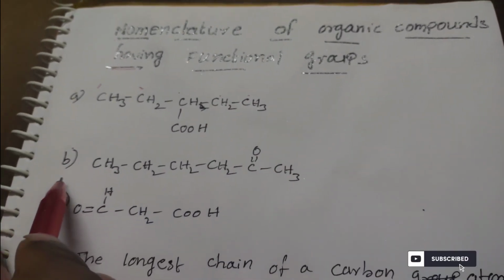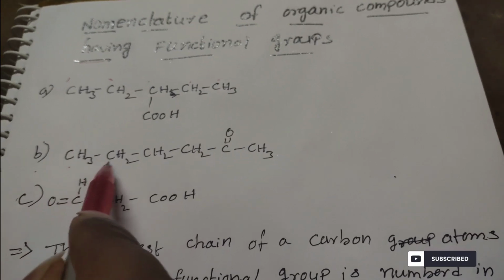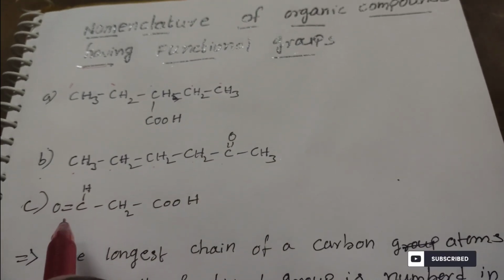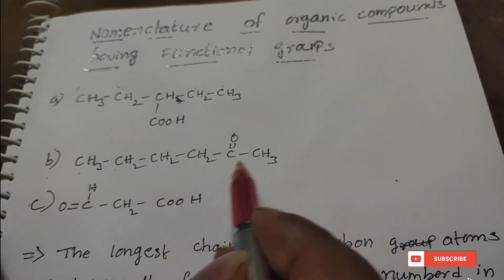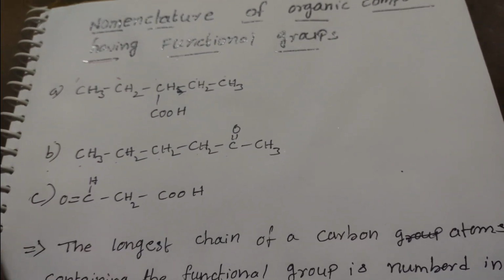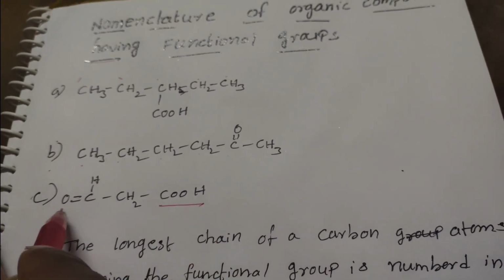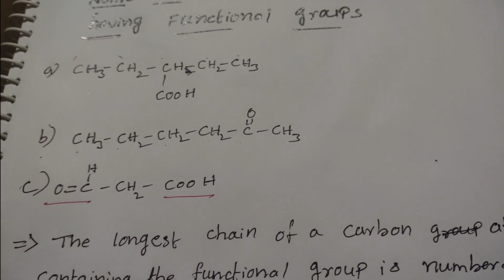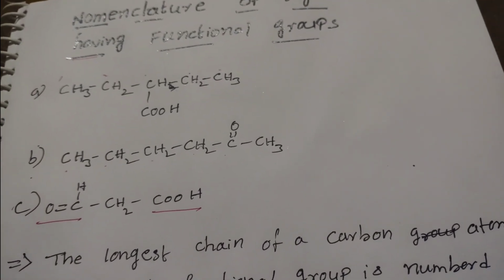In the second example, here also 1, 2, 3, 4, 5, 6 carbons are present. How do we give the numbering and how do we name the given compound? In the third example, here is one functional group and here is another functional group. How do we give the numbering and the naming?